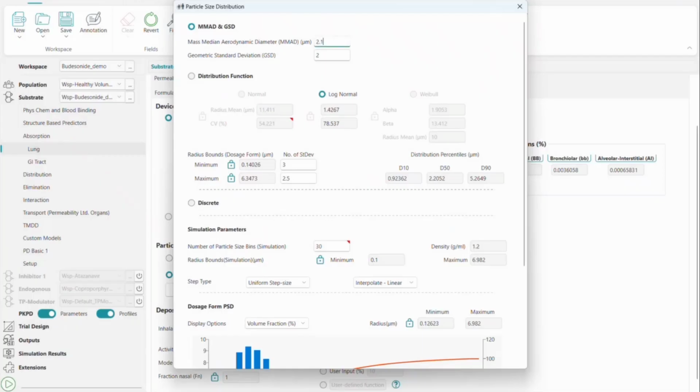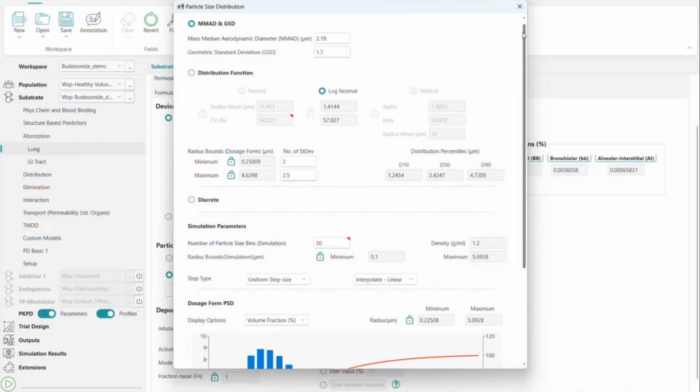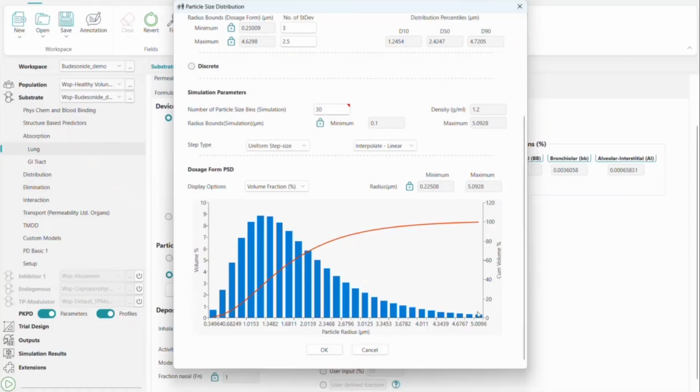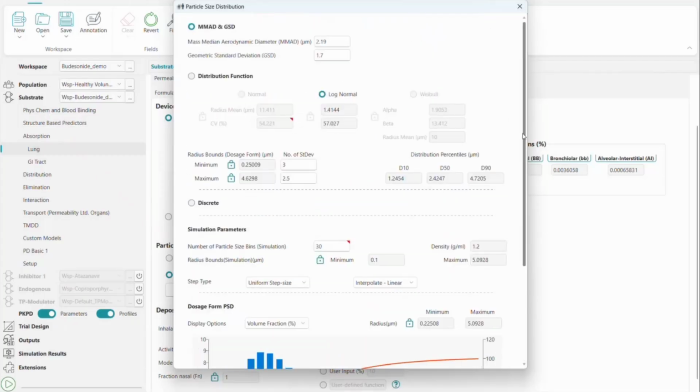Normally you would have an MMAD and a GSD value. Although we didn't have one for this particular study, I've looked, and that value of 1.7 gives us nearly all the particles, next to 100%, with other particles less than 5 micrometers. But typically, as I said, the GSD value would be measured.